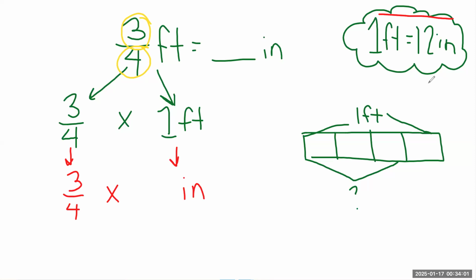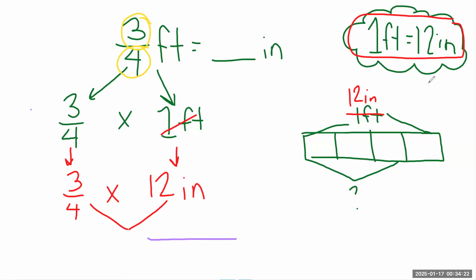What is feet to inches? Good, 12 inches. So I'm going to have to change 1 foot to 12 inches, and now I can put it back together. All right, so that is old information. Now we need to look at what did we do yesterday? Well, everything is going to be a fourth, and the 12 is going to go in the numerator with the 3.